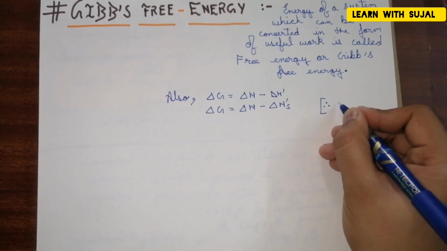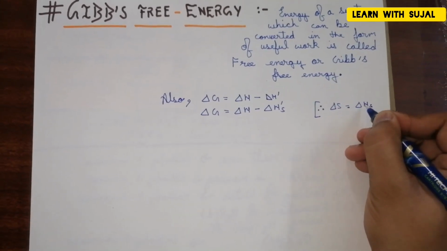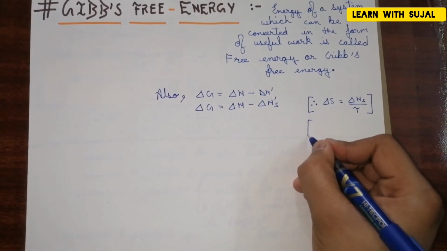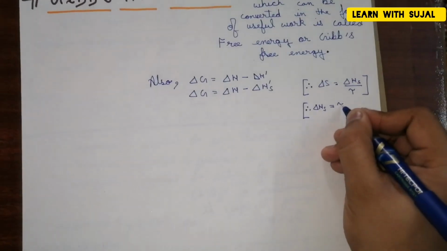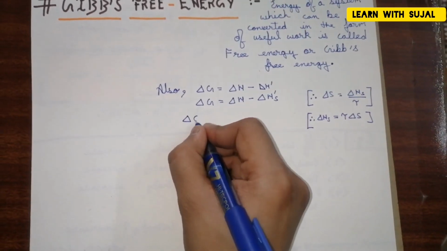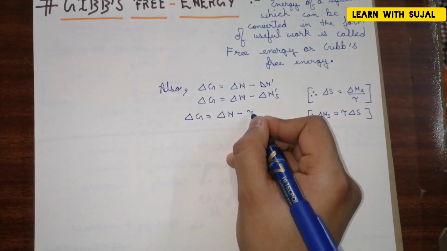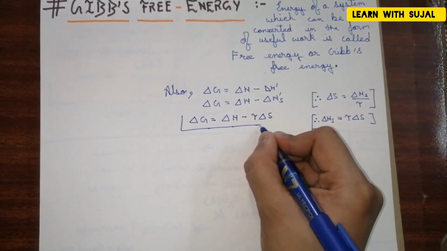We know the entropy formula, delta S is equal to delta H by T, because entropy is heat over temperature. So we need the delta H, so delta H will be T into delta S. We put it in the equation: delta G is equal to delta H minus T delta S. Here is the Gibbs energy formula.